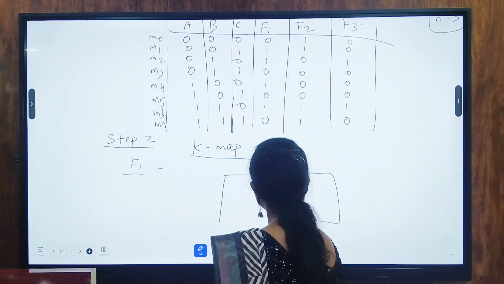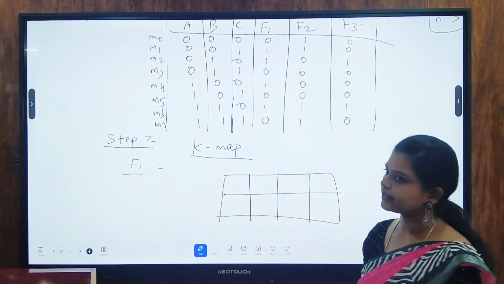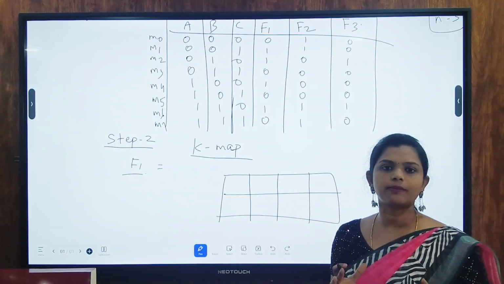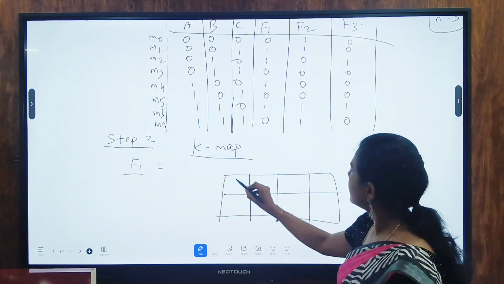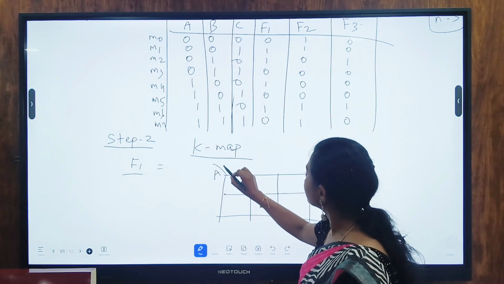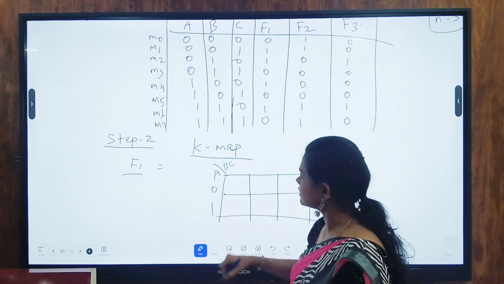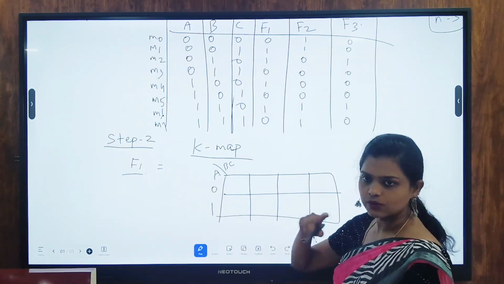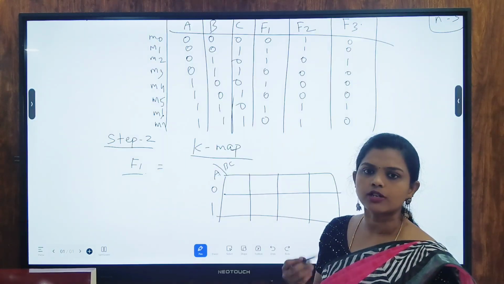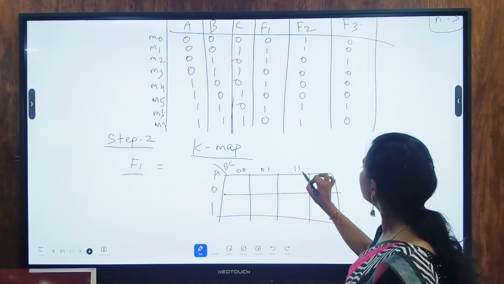So what is the basic 3 variable K-map structure? This is the basic 3 variable K-map structure, you have to know it. And what are the inputs we mentioned here? A, B, C. For A, what are the combinations? 0 and 1, since this is 1 bit. And if it is 2 bits, what are the possible inputs? 0 0, 0 1, 1 0 and 1 1.